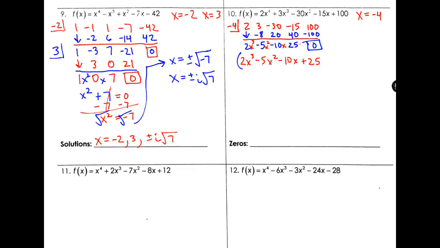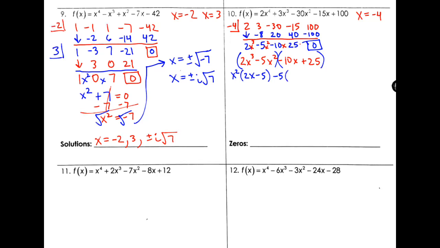So when we have 4 terms, we know we can factor by grouping. So we're looking for a GCF in the first set of parentheses, and we can pull out an x to the second. Inside the parentheses, we'd have 2x minus 5. And then on the second set of parentheses there, we can pull out a negative 5 as a GCF.